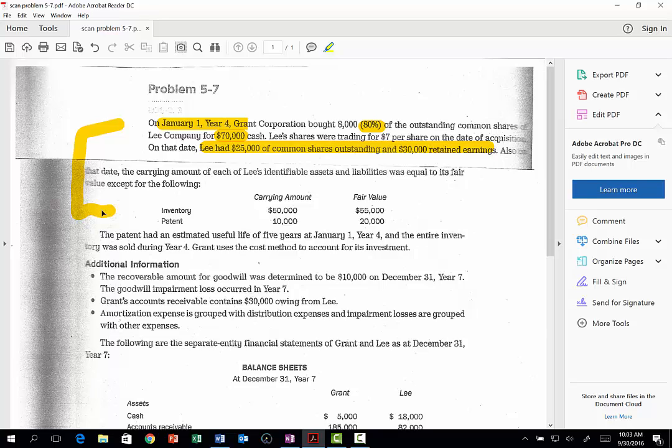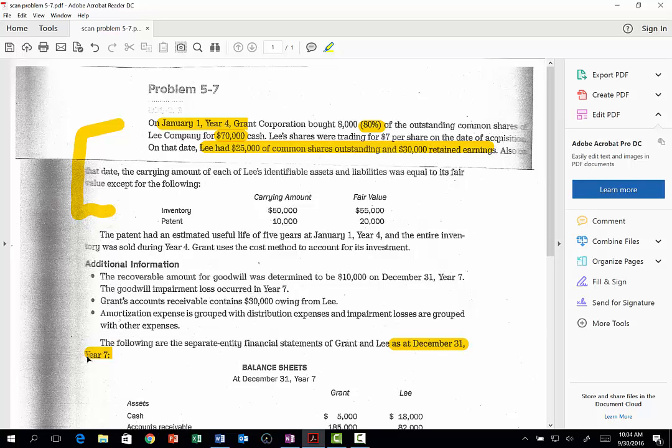Then what we need to do is we need to figure out when we're consolidating as of. So you'll notice that it asks us when we do the consolidation, it's giving us information as at December 31st, year 7. So that's going to be our consolidation date now. So what that means is that we have, and this is the 3rd time period, the years that are intervening.